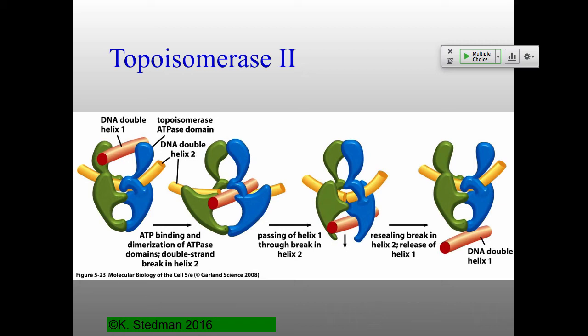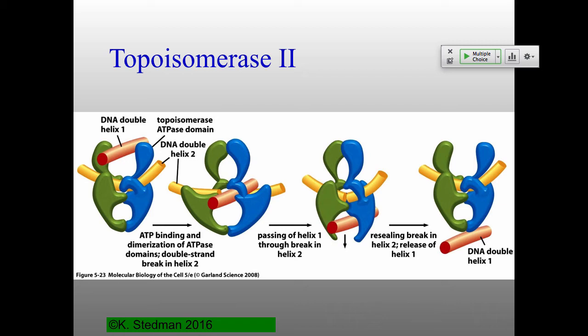We're not going to get into that. It gets confusing. But these are equivalent. That's all we need to know: passing double strands through double strands, or taking one strand and wrapping around, are equivalent to each other. So these are the ways to deal with that extra binding that you get just because you're pulling the two strands apart. So you have to have topoisomerases, otherwise you can't continue to replicate.